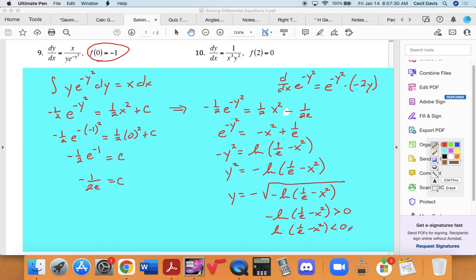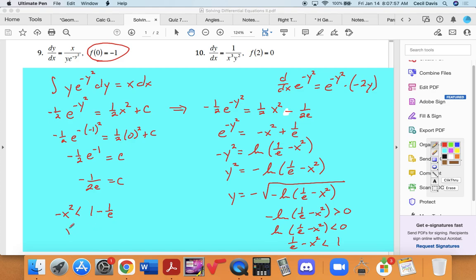Using both of those sides as an exponent on e, I get 1 over e minus x squared has got to be less than e to the 0, which is 1. Good. So now if I subtract 1 over e from both sides, I have negative x squared is less than 1 minus 1 over e.